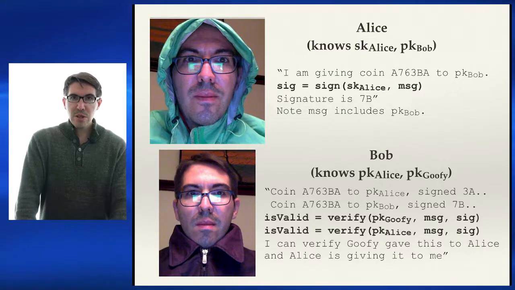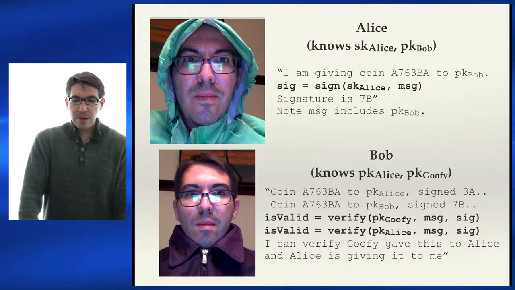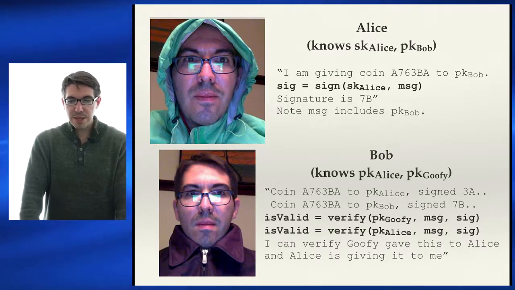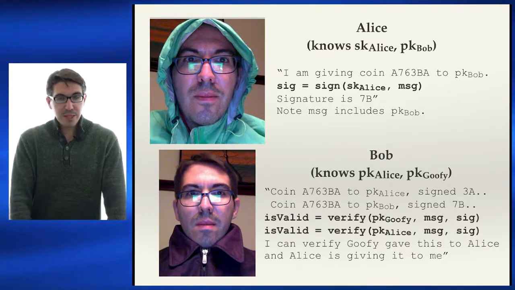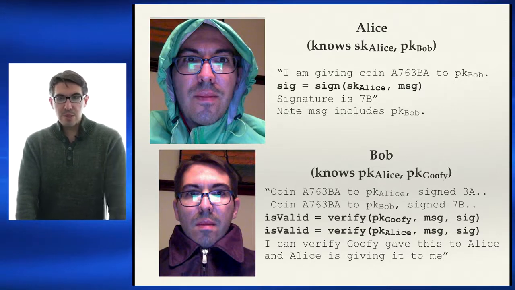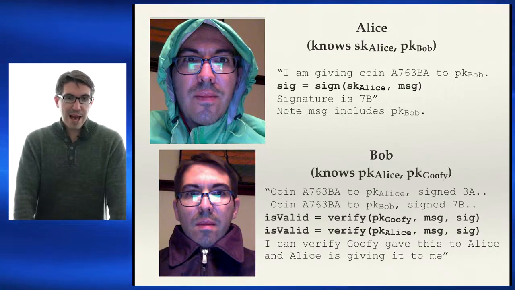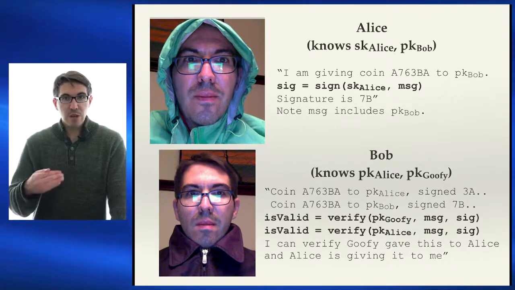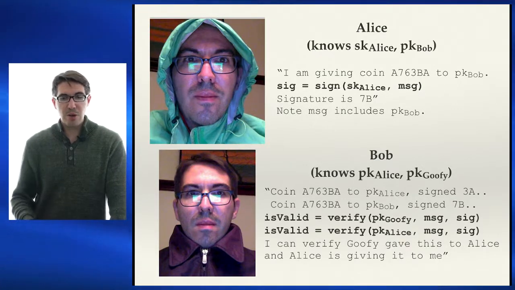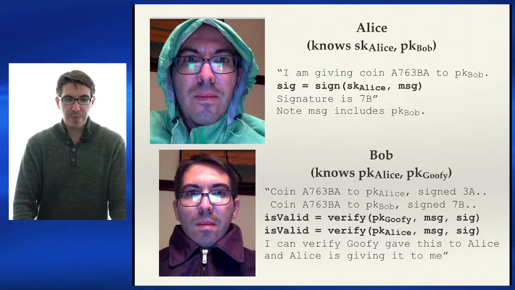So Bob looks to see, was this coin that Alice gave me valid? Well, it was, looking backwards, it was sent to public key Bob, that's me. Here's my public key, and it was signed correctly. Before that, it came from Goofy to Alice, and it was signed correctly. And just follow the chain of ownership up, an arbitrary number of hops until we get back to the initial Goofy generation of the coin.